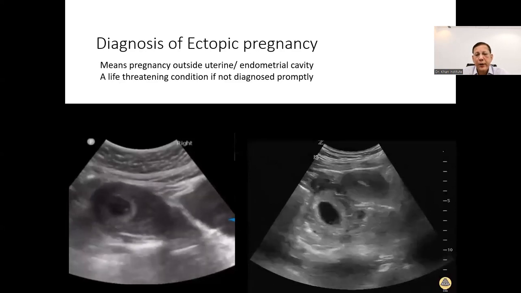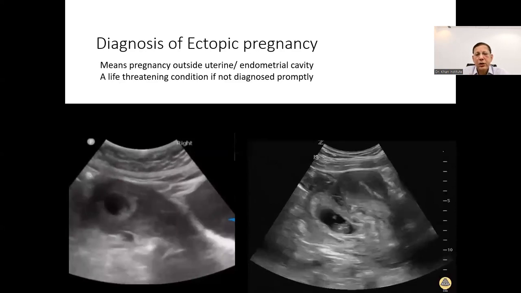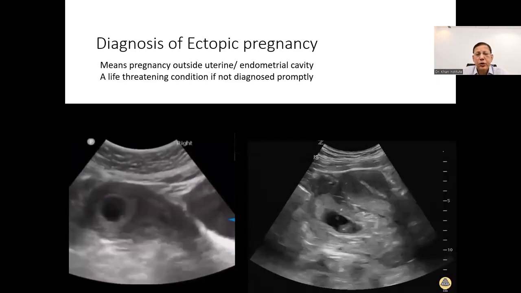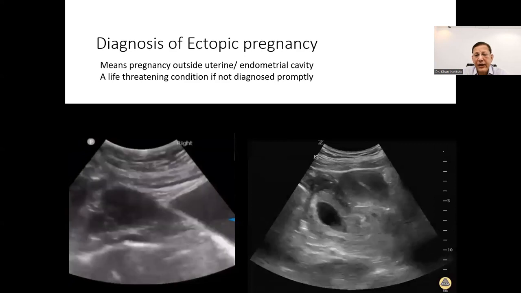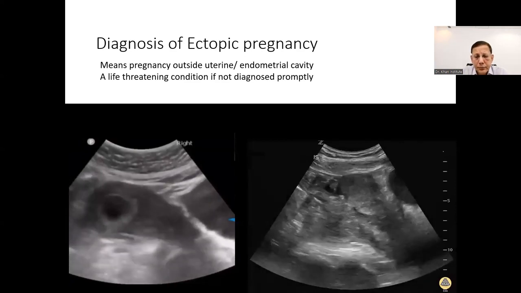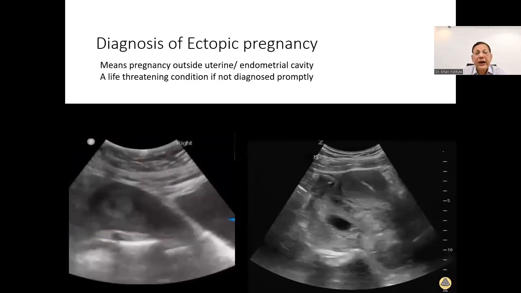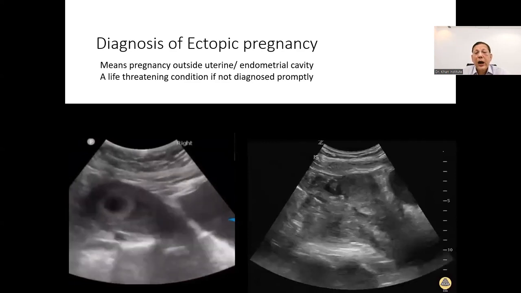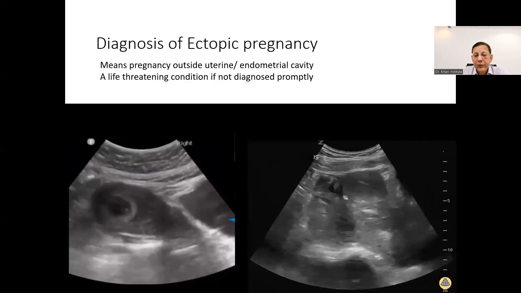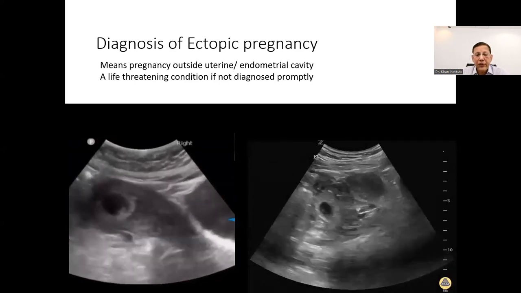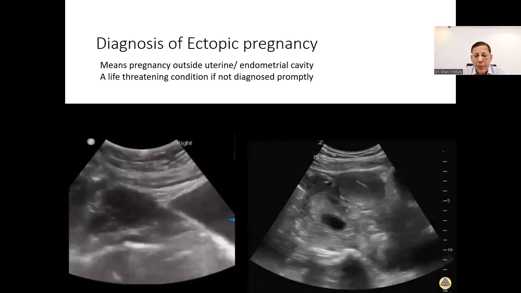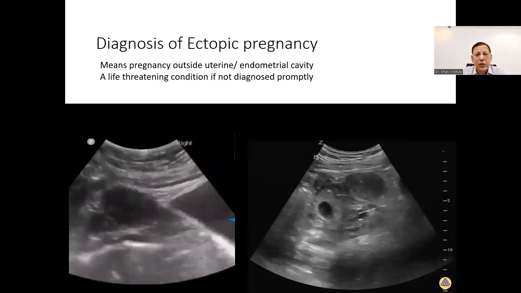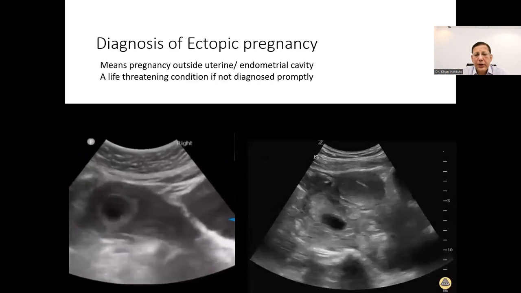That tube will rupture. This is called ruptured ectopic pregnancy. When the tube is ruptured, there will be internal bleeding within the body, and that will suddenly lead the patient to hypovolemic shock. So once again, you can see how important ultrasound is for the diagnosis of ectopic pregnancy.